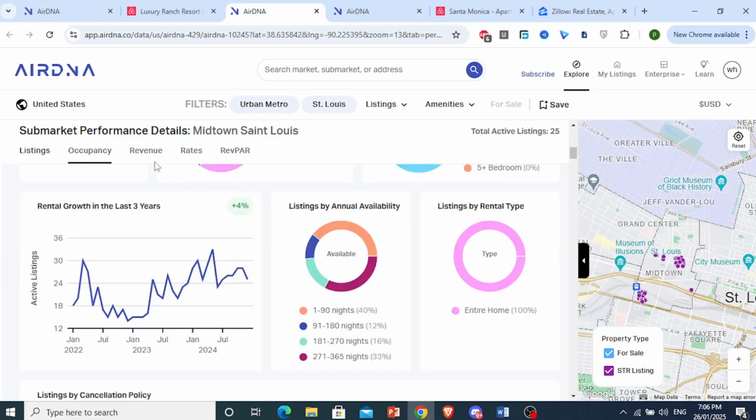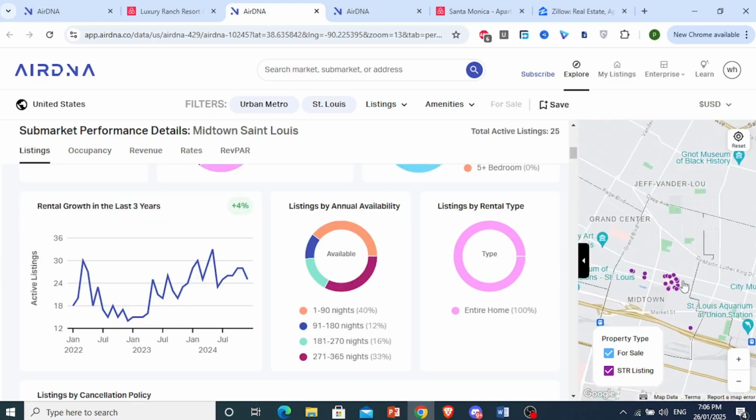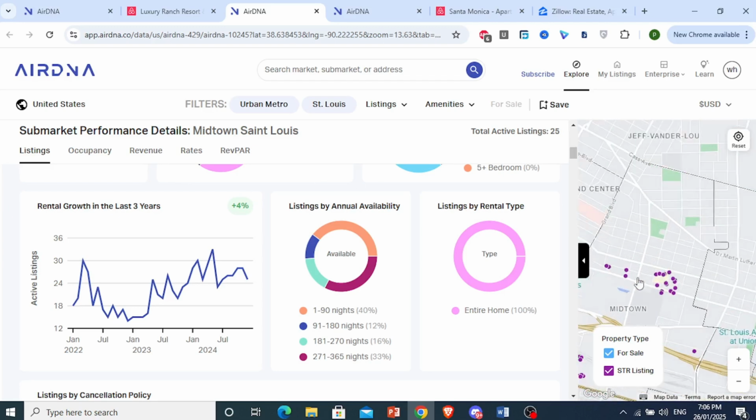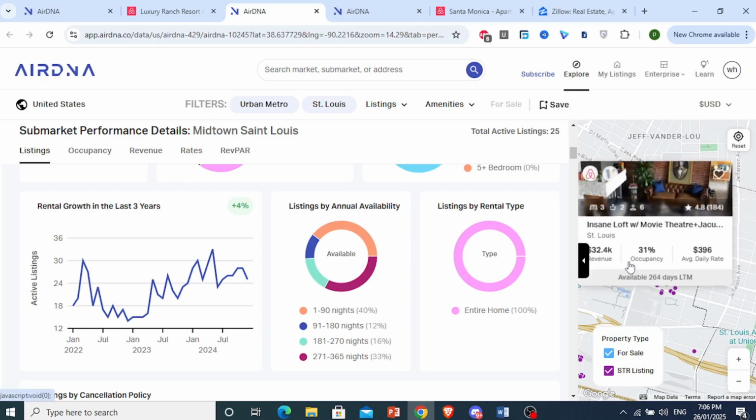And now this is basically for the whole sub-market. What you can do is look for specific properties in this market. For example, if I hover my mouse over one right here, this is an insane loft with a movie theater. It's only occupied 31% of the time, but the revenue is okay, honestly. $32,000.